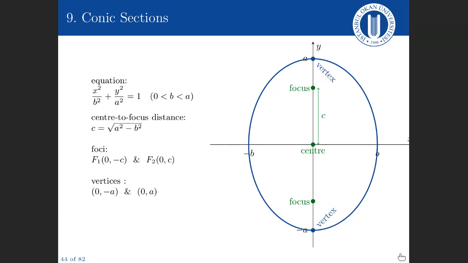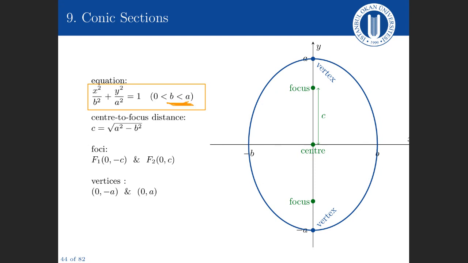I might rotate this graph. What we're really doing is we're swapping x and y. This is an ellipse with equation x squared over b squared plus y squared over a squared is equal to 1. Why did I swap a and b around? I swapped them around because I always want to have a the bigger number.